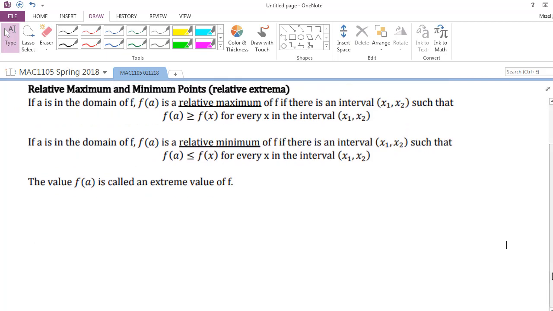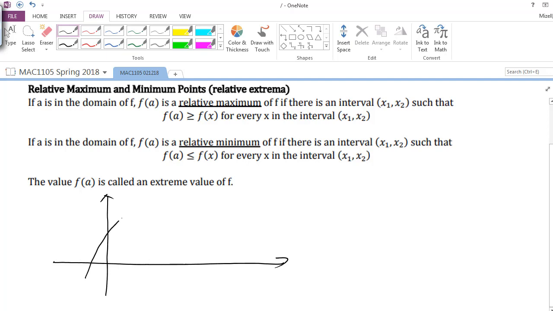Here's my picture. I'm going to use the letter A for relative maximum, and the letter B for relative minimum, so I don't have to draw two different pictures. I think one will be sufficient.